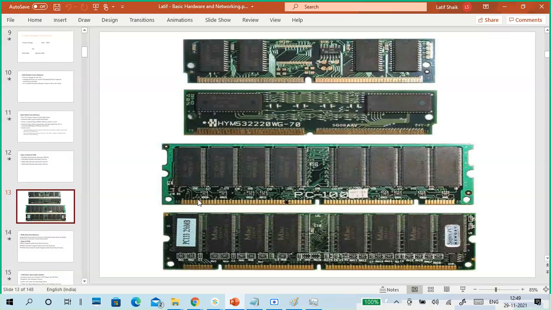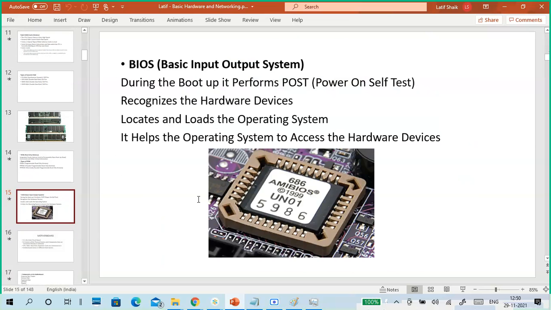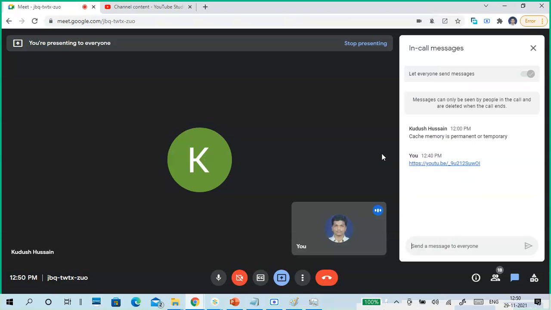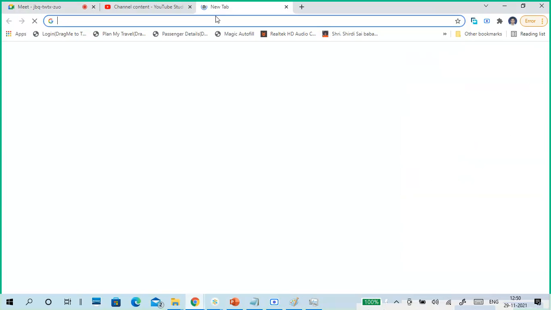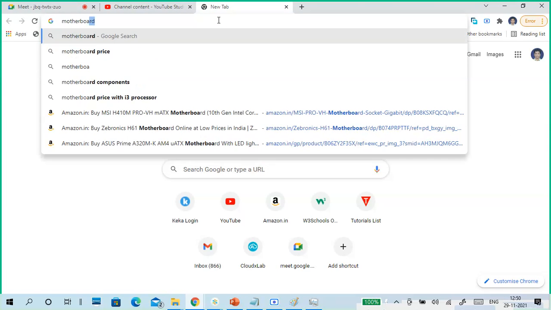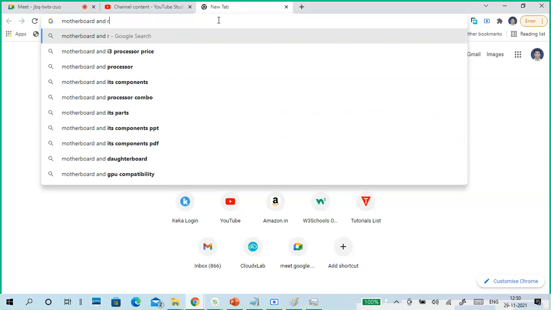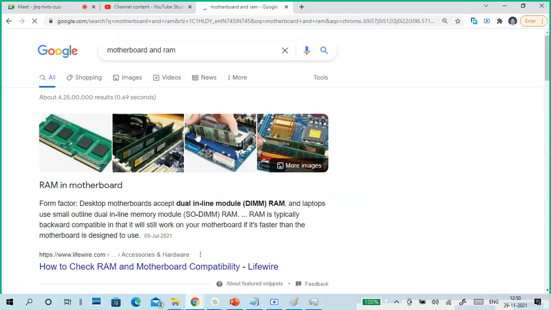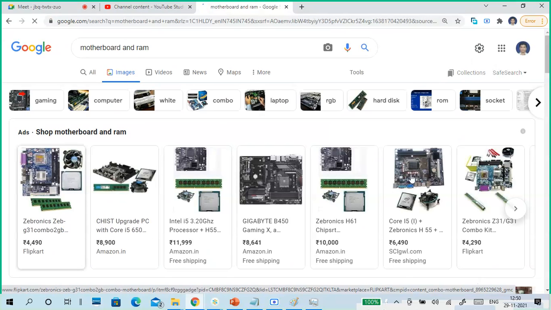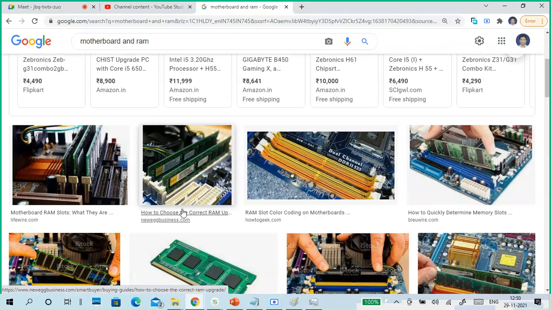Okay, so I will show you how RAMs look like. Also on the motherboard you can see the big bars. You can also go to images, so then you can see clearly how people are inserting them.